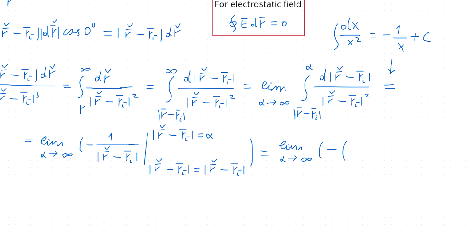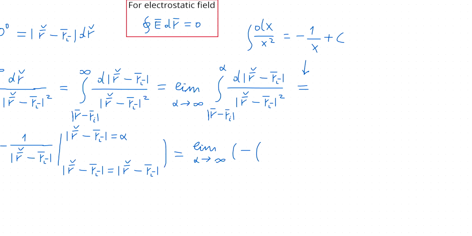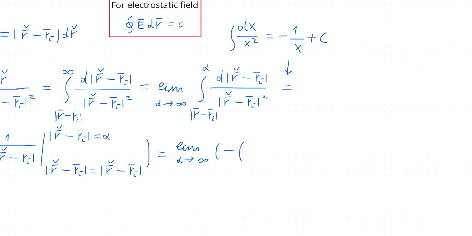First term will be 1 divided by alpha, minus 1 divided by absolute value of vector r minus vector ri.